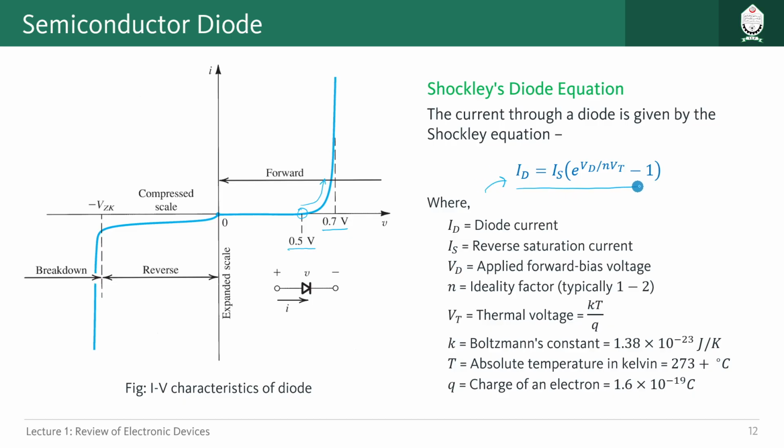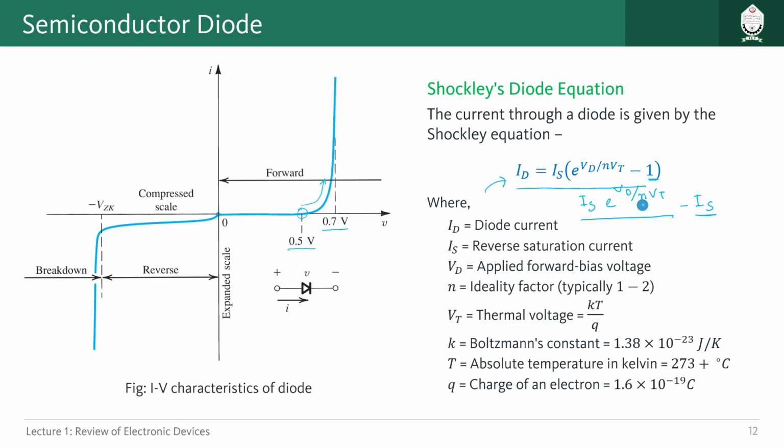Here we can see that ID is equal to IS e to the power Vd divided by NVt, minus 1. Basically this 1 is coming from IS. One portion is IS e to the power Vd divided by NVt, and another portion is IS. This is the diffusion current in the forward direction, and this is the reverse saturation current, or the drift current.